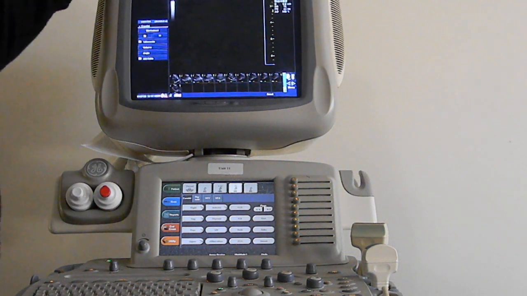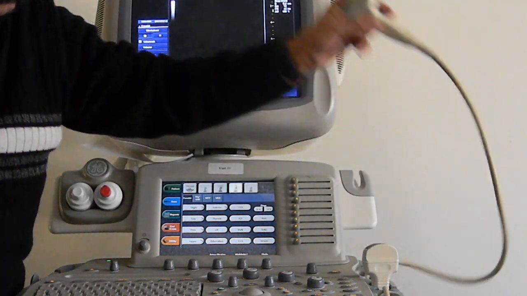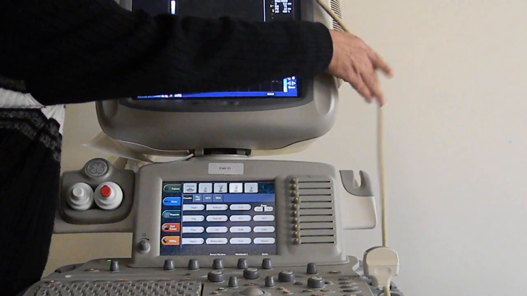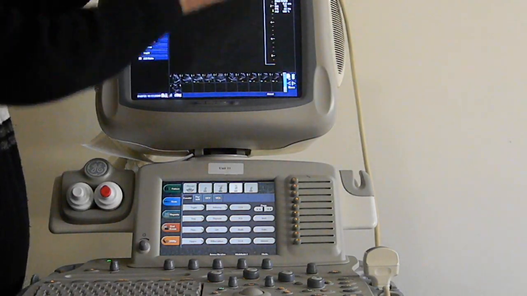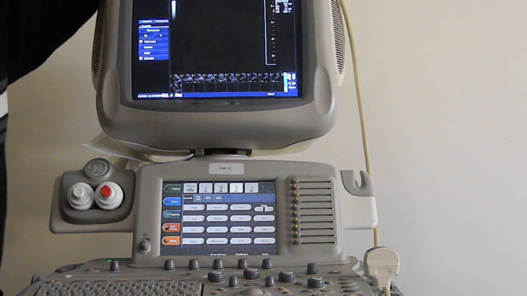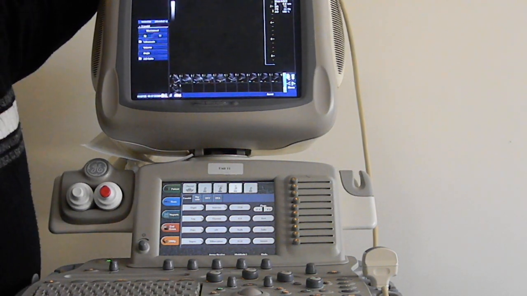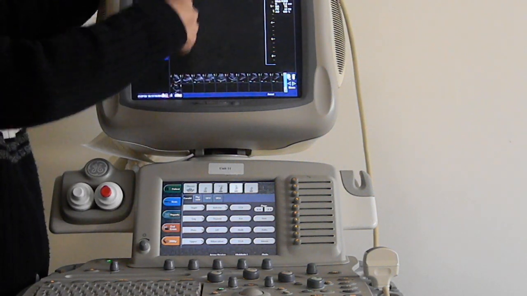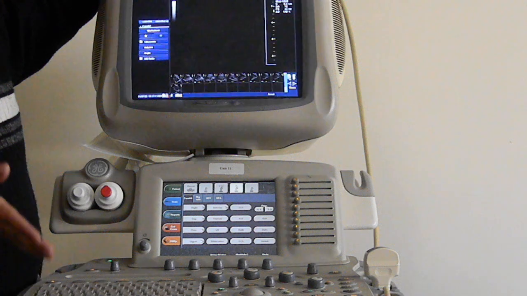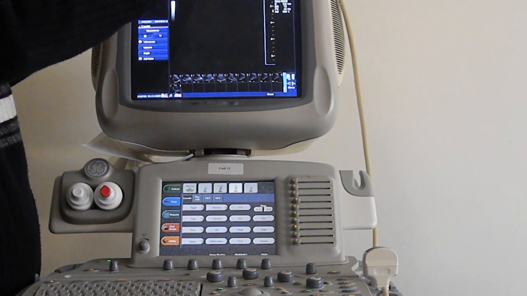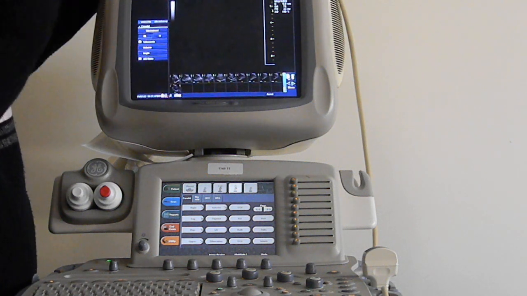Okay, girls. Now, one thing that will happen as the sound wave travels deeper and deeper, more or less of the energy that it carried to begin with is going to get reflected back.